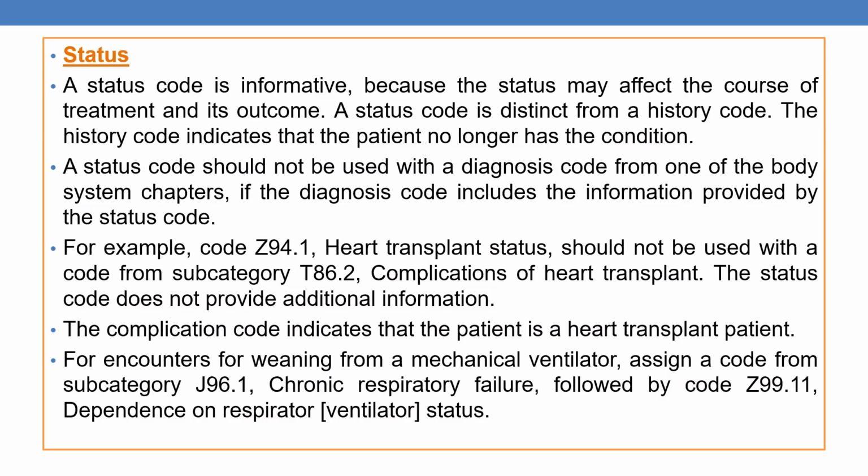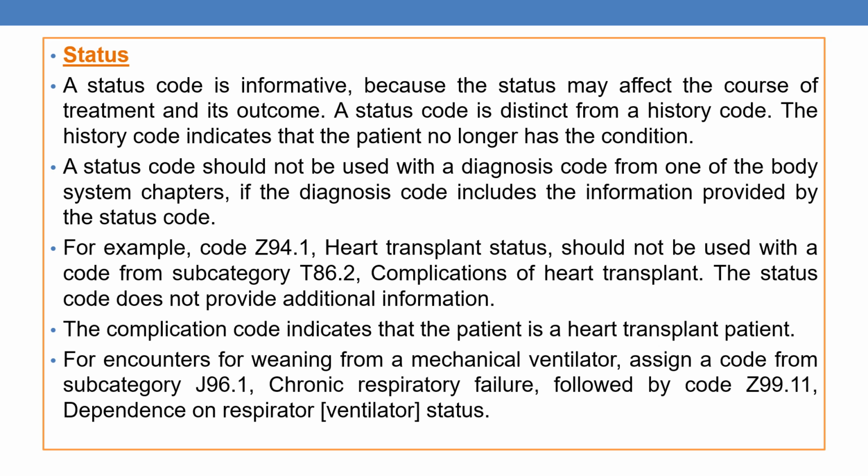Now, what are status codes? A status code is informative because the status may affect the course of the treatment and its outcome. A status code is distinct from a history code, because a history code indicates that a patient no longer has the condition, whereas status indicates that he currently has that particular susceptibility, or has a device in his body.